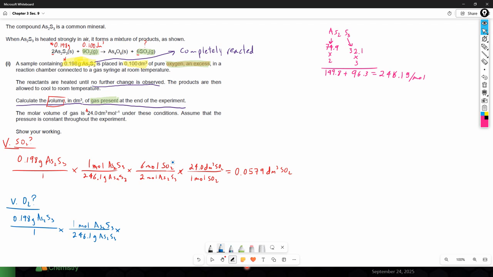And now that we have the moles, again, we can use a mole ratio here in the equation, a 9:2 mole ratio, to convert As2S3 to moles of oxygen. So we know that 2 moles of As2S3 is equal to 9 moles of O2.